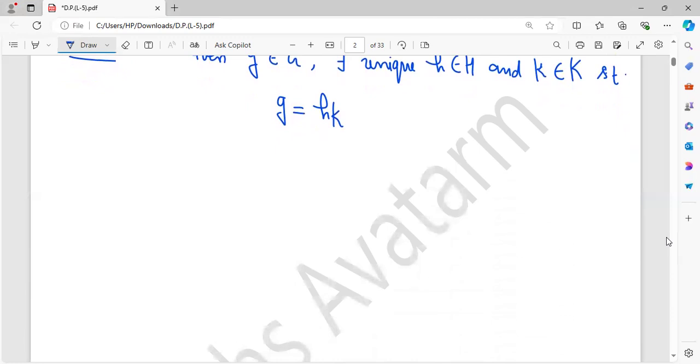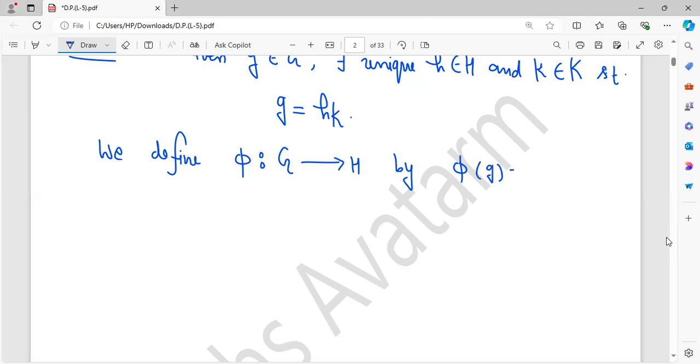So we define phi from G to H by phi of g maps to h.